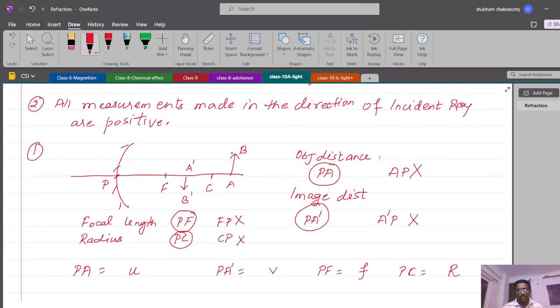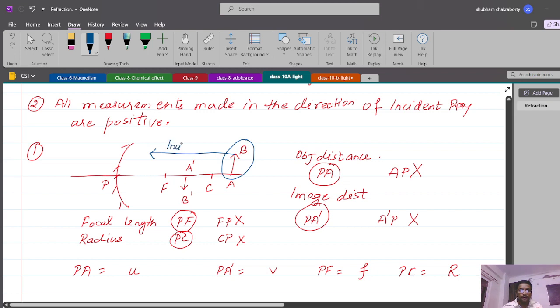Now, think about it. If the object is this one, then the incident ray will be in this direction. So this is going to be the incident ray. Fine.